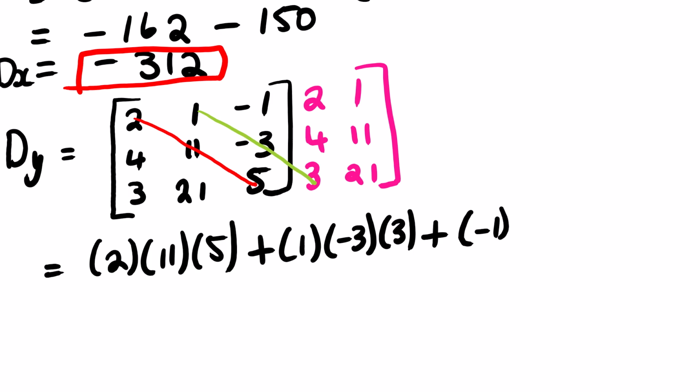plus negative 1, 4 and 21. Our last diagonals is this one.